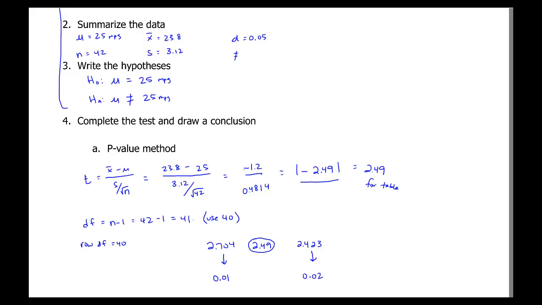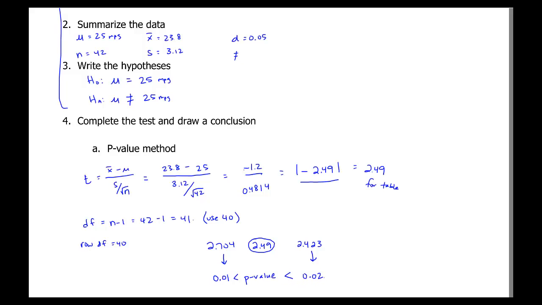And since our t is between those two, that means that our p-value must be between these two. And the 0.01 is the lower one, so our p-value has to be bigger than that. And the 0.02 is the bigger one, which means our p-value has to be smaller than that one. Okay. So our p-value is somewhere between 0.01 and 0.02. That is all the more accurate we can get using the t-table to look up a p-value.